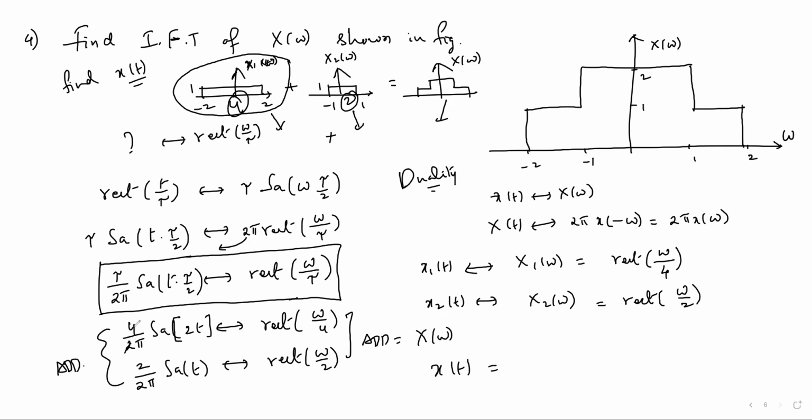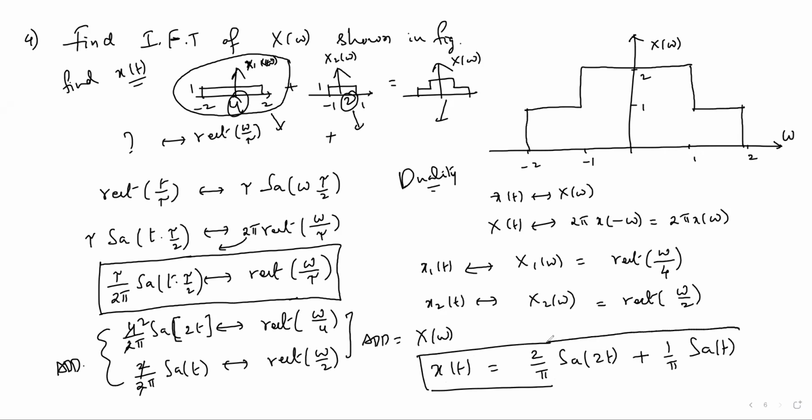So here 2 by pi sampling of 2t, plus here 1 by pi sampling of t. Like this you can find the inverse Fourier transform. If you know the Fourier transform pairs, use the pairs or properties, as you wish. You can get it like this.